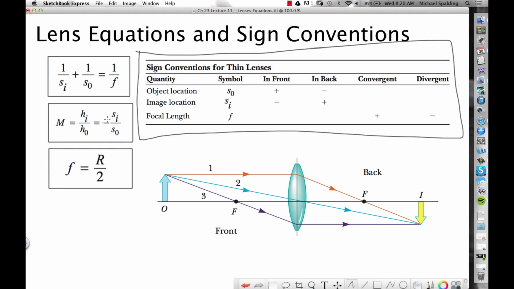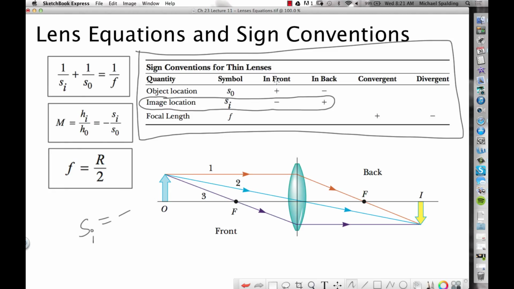Now I just want to draw your attention to one thing. This is the only tricky thing when it comes to sign convention for lenses. The sign convention for the image distance is reversed. If you're doing a calculation for where the image forms and your SI, which is the image distance, comes out negative, what does negative mean?